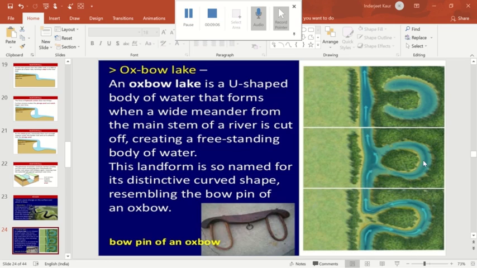This meander, where the river was flowing earlier, was the course of the river, but now the river started moving directly straight, and this area which was a curve earlier is separated from the main river, and this separated part forms like an oxbow. That is why this lake which is separated from the main river is known as Oxbow Lake.